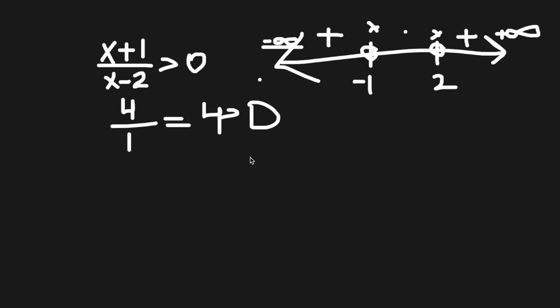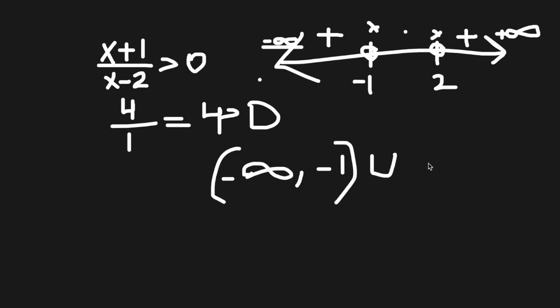So that means that our x value is somewhere between negative infinity, comma, -1, union 2, comma, infinity. These are not brackets, these are parentheses.